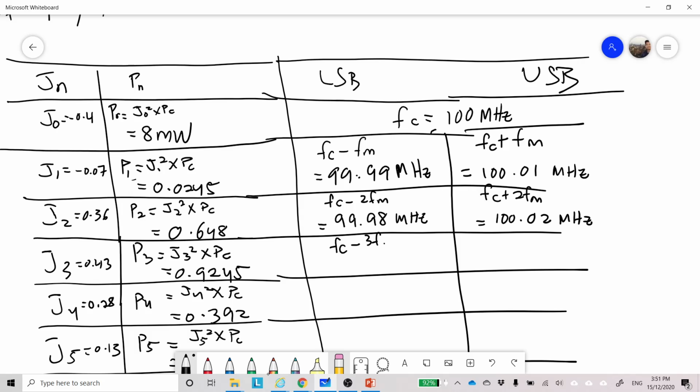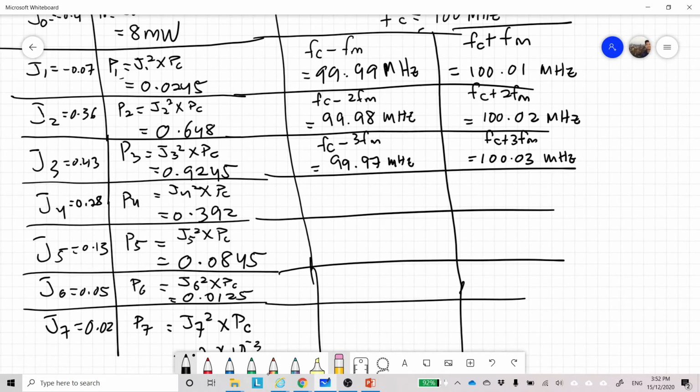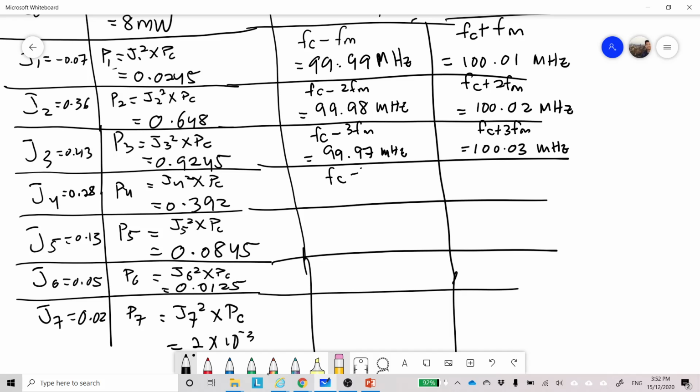FC minus 3 FM, which is 99.97 megahertz. FC plus 3 FM, which is equal to 100.03 megahertz. Okay, and then FC minus 4 FM, this is 99.96 megahertz. Okay, dia perbezaan sebanyak 10K. So sini adalah FC plus 4 FM. So di sini adalah 100.04 megahertz.